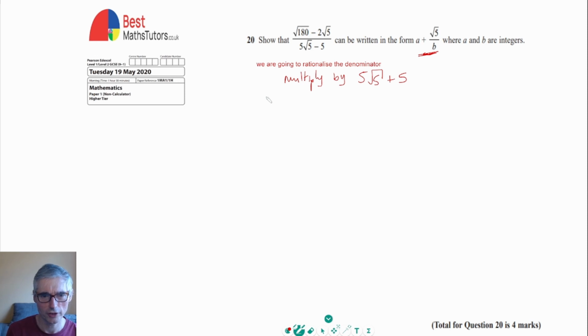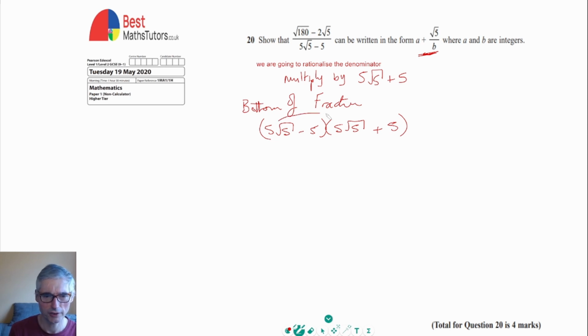We'll just do the bottom of the fraction first, to demonstrate this. So what we've got is 5 root 5 minus 5, and I'm going to times it by 5 root 5, but this time change the sign to a plus. This is the same as multiplying out double brackets, so I have to be careful to have a system for doing this.